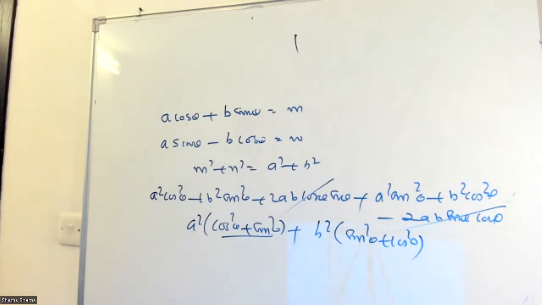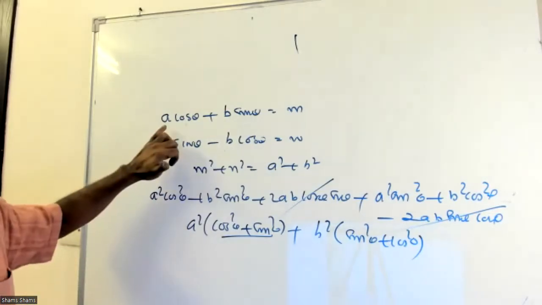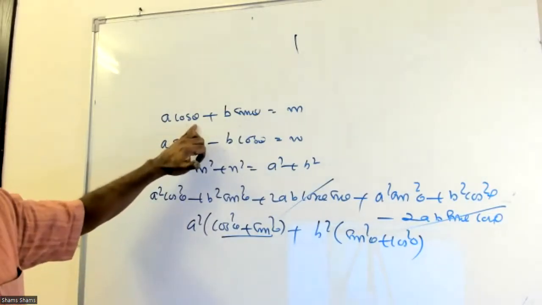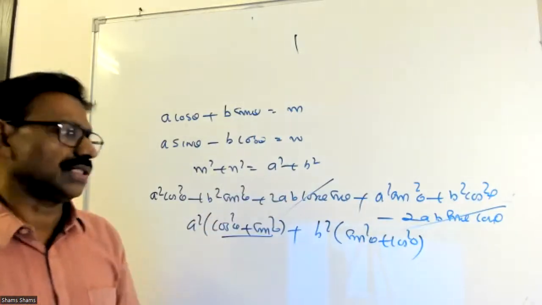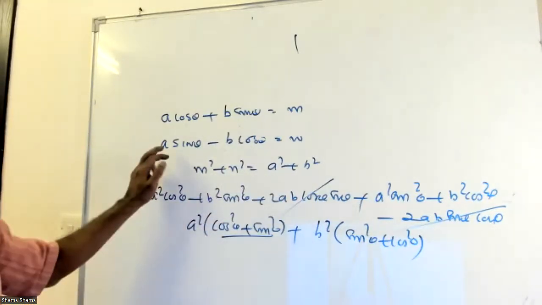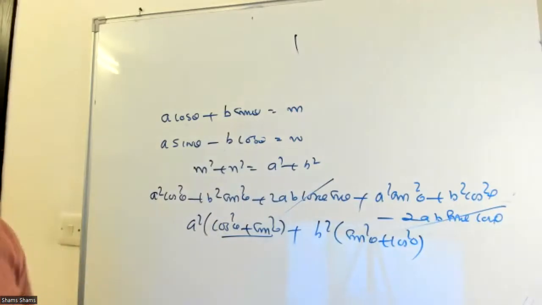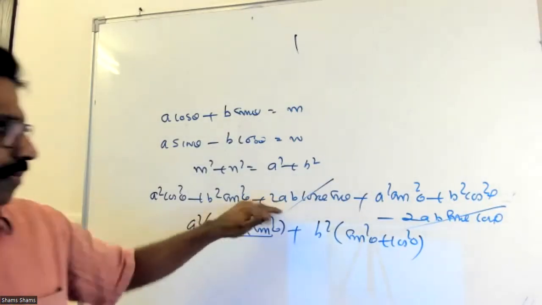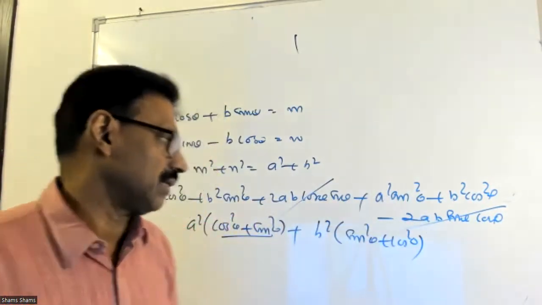So simple, you just find M square. M square is A square cos square theta plus B square sin square theta plus 2AB sin theta cos theta, plus A square sin square theta plus B square cos square theta minus 2AB sin theta cos theta. The 2AB sin theta cos theta terms cancel.